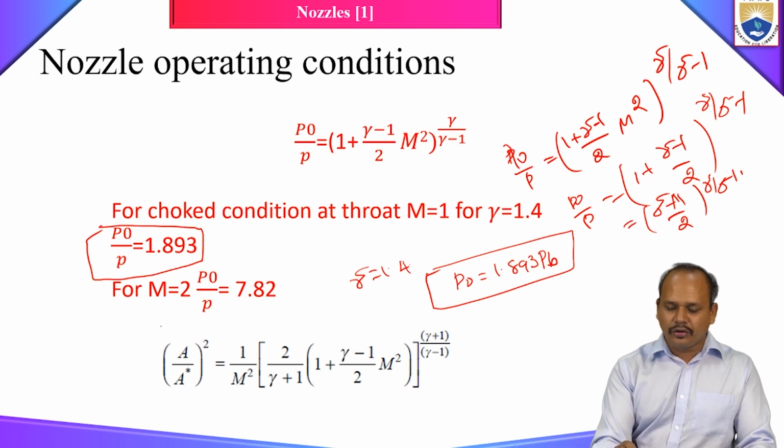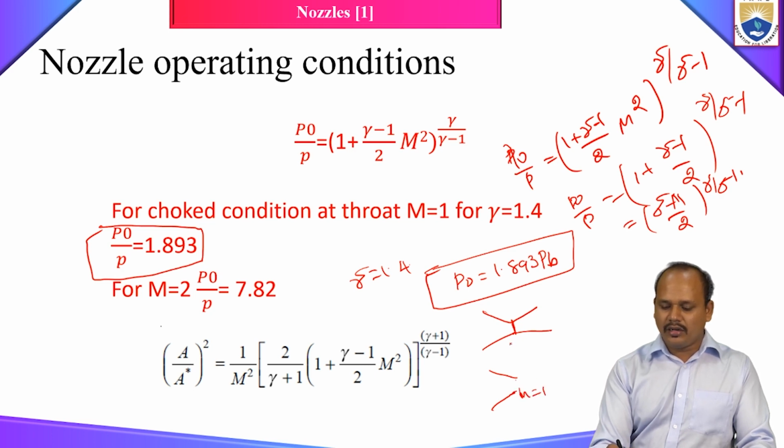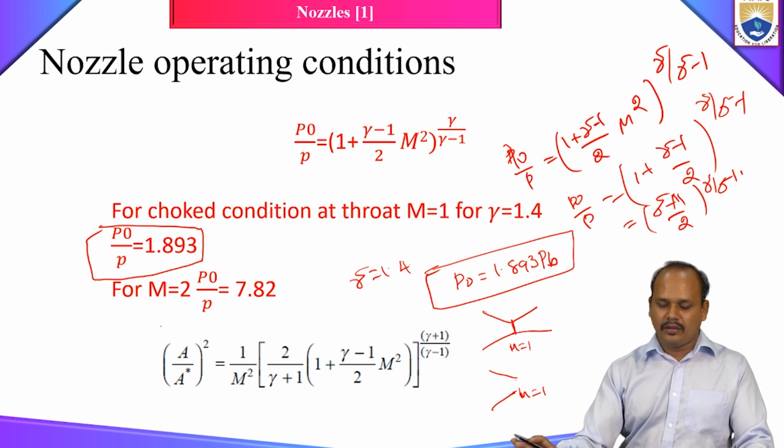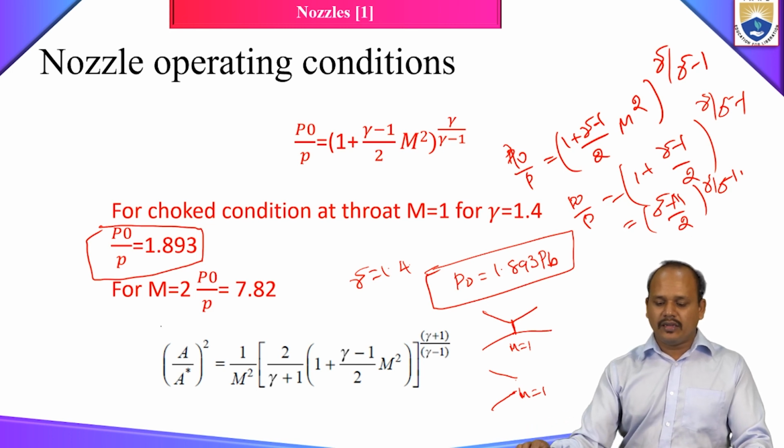Choking condition means that in a convergent nozzle you will have M equal to 1 at the exit, and in the convergent-divergent nozzle, M equal to 1 at the throat location. As long as my total pressure is greater than this, I'll have M equal to 1 at the exit of my convergent nozzle or at the throat location of my nozzle.